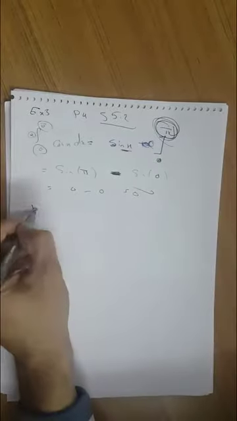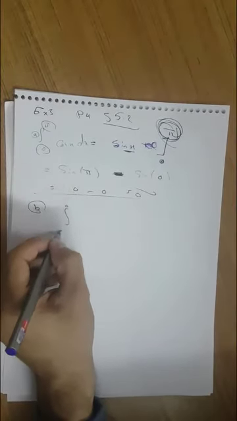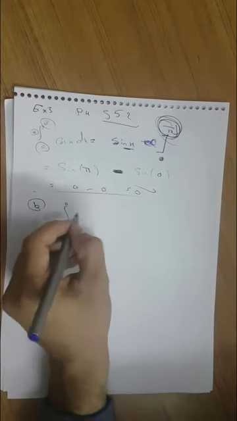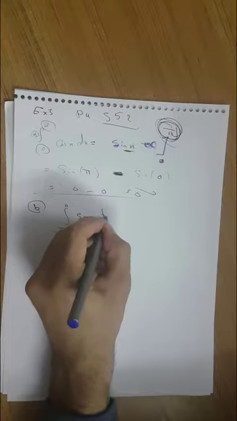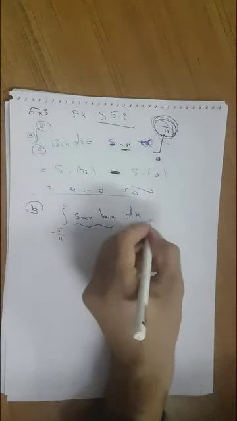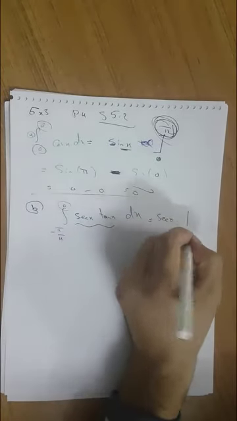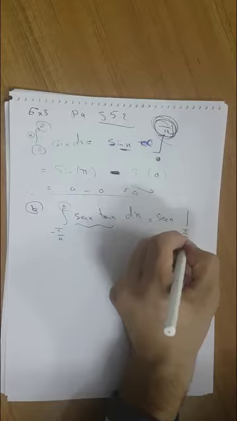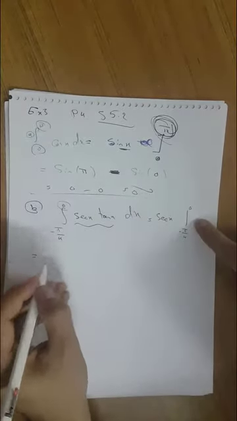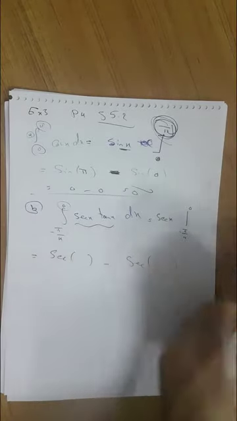How about part B of the example? The same example, from 0 to minus pi over 4 of secant tan of x dx. We know the integral of secant tan is secant plus c. Instead of c, I have the boundary from minus pi over 4 to 0. So we substitute: secant minus secant.